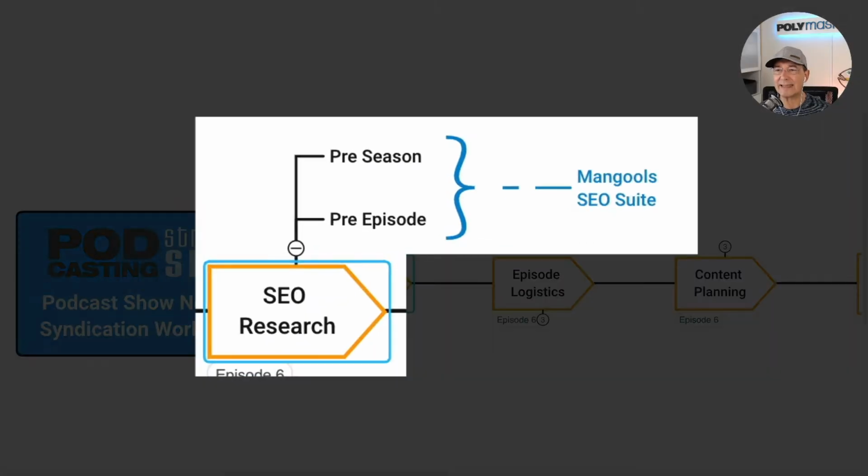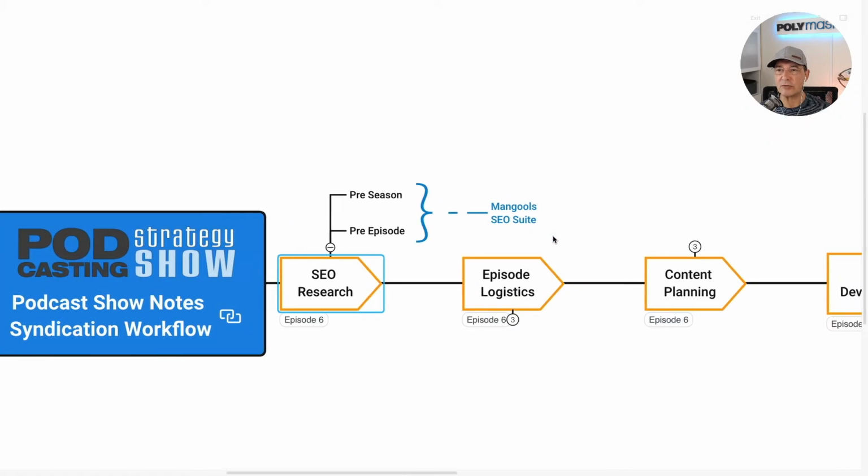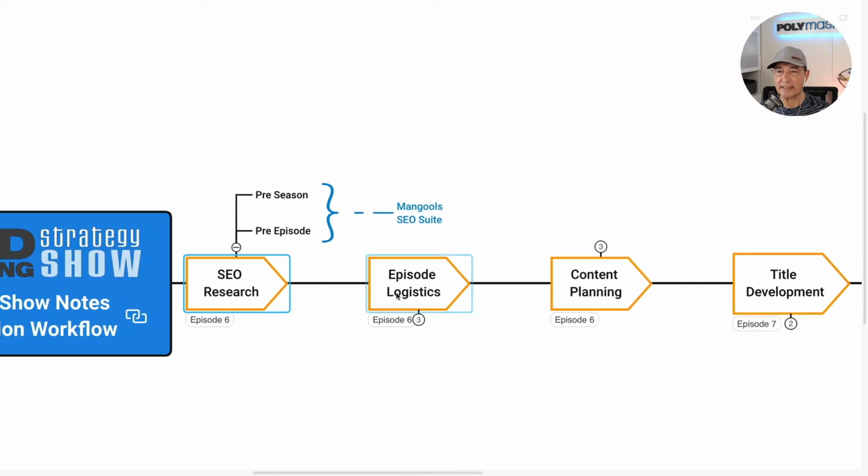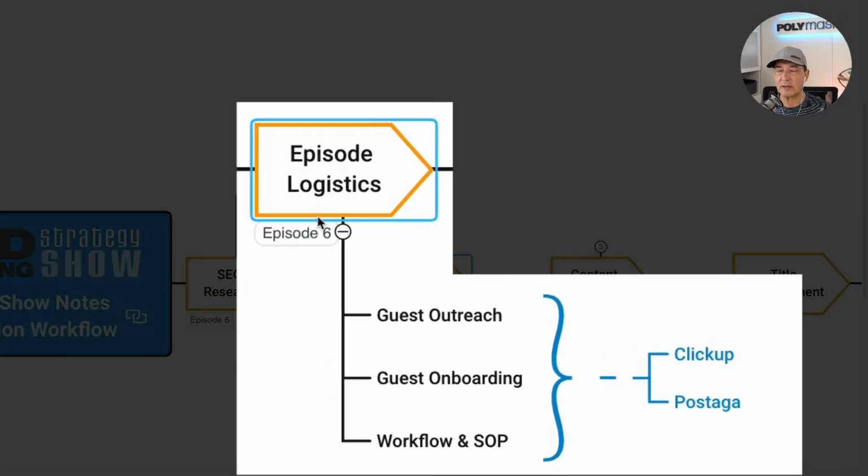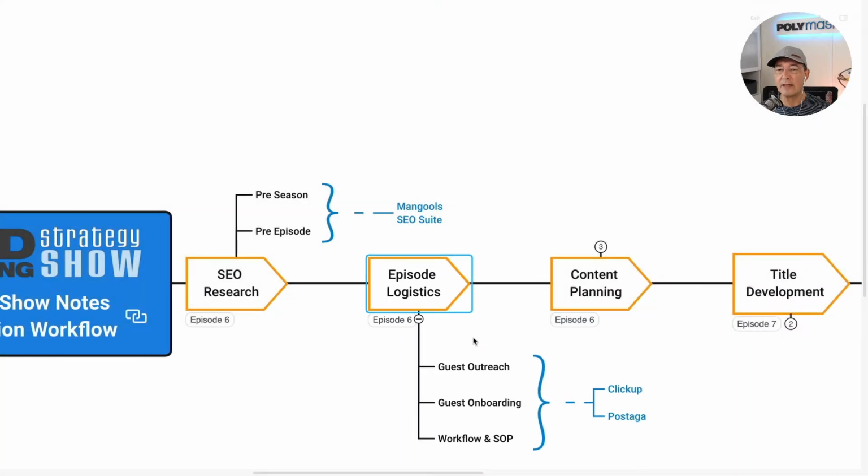And the toolkit that we used for pre-season and pre-episode research was the Mangools tool suite, and we covered that in episode 6. Also, we covered the tool that we use for managing the episode logistics and workflow around guest outreach, onboarding, and standard operating procedures, and that's ClickUp. In an upcoming episode, we'll also talk to the founder of Postaga, which is a really interesting tool that manages guest outreach. So more to come, but episode 6 introduced that topic.